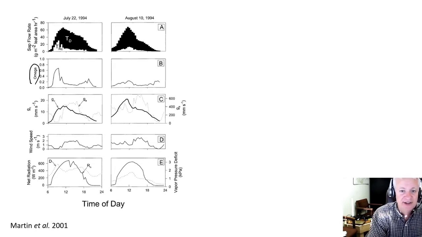And in general, you can see on these 2 days that we measured, they do. These are hourly calculations of omega over 2 different days. But you can see during a few periods, omega actually gets relatively high for this conifer canopy.